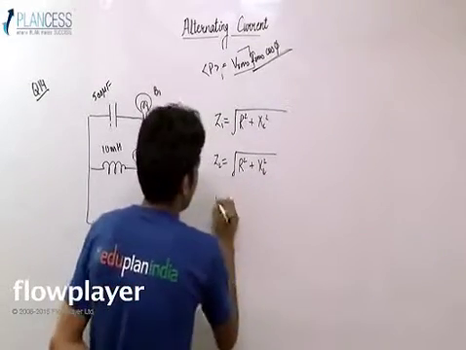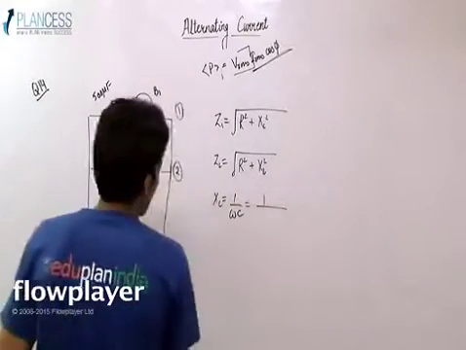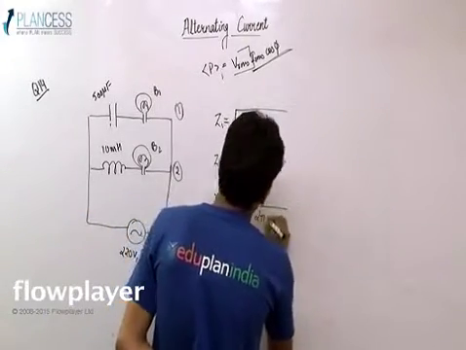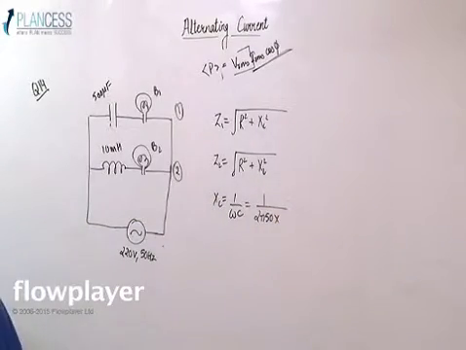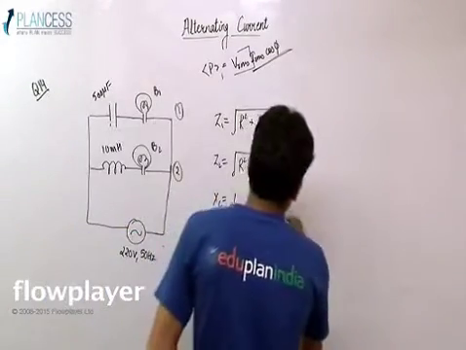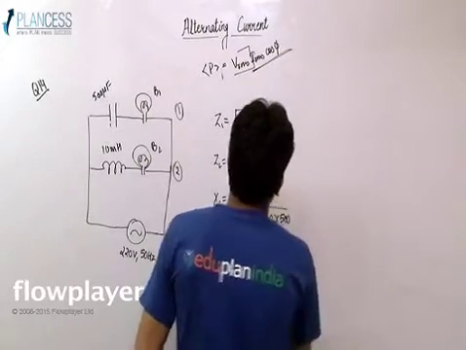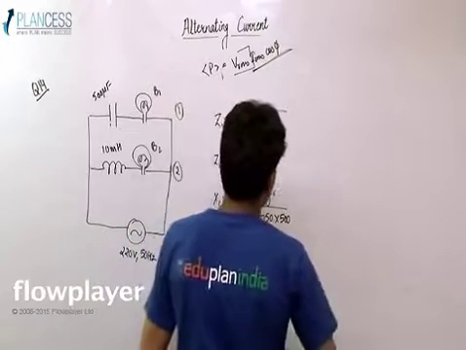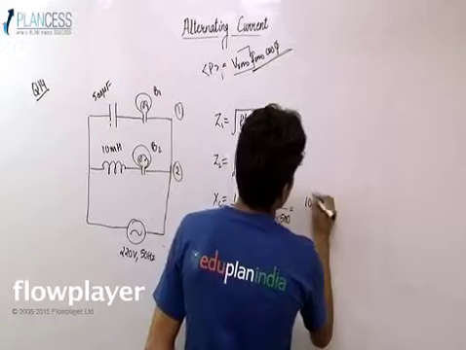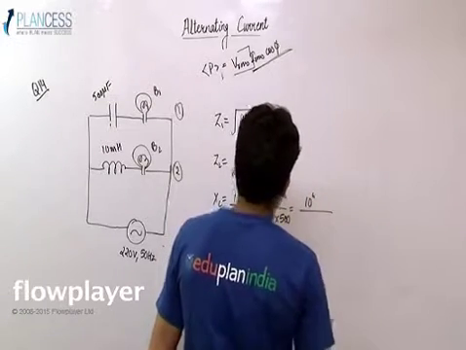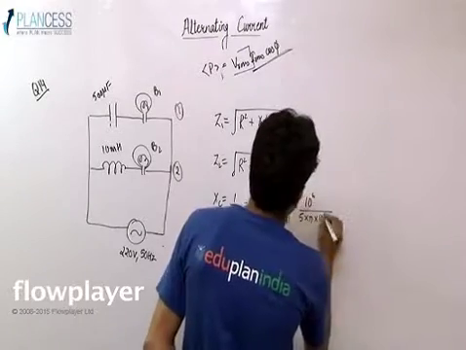Let's calculate XC and XL. XC is 1 by omega C, which is 1 upon omega, which is 2 pi into 50 hertz, into, is this really 500 microfarad? Yeah, it is 500 microfarad, so 10 to the power minus 6. Now we can say that this is equal to 10 to the power 6 divided by 5 into pi into 10 to the power 4.